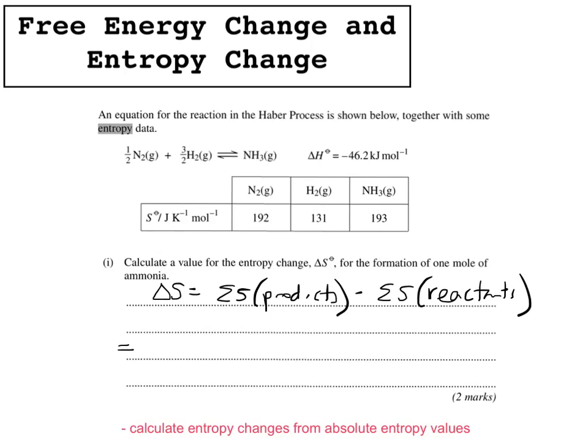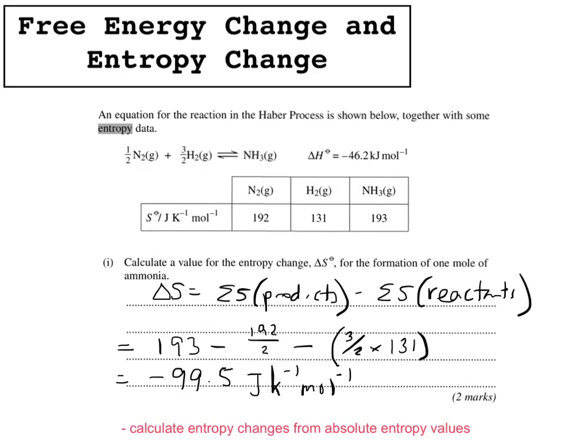So that's going to equal 193 for the ammonia, take away 192 divided by 2 for the half N2, take away 3 over 2 times 131, and that equals minus 99.5 joules per Kelvin per mole.